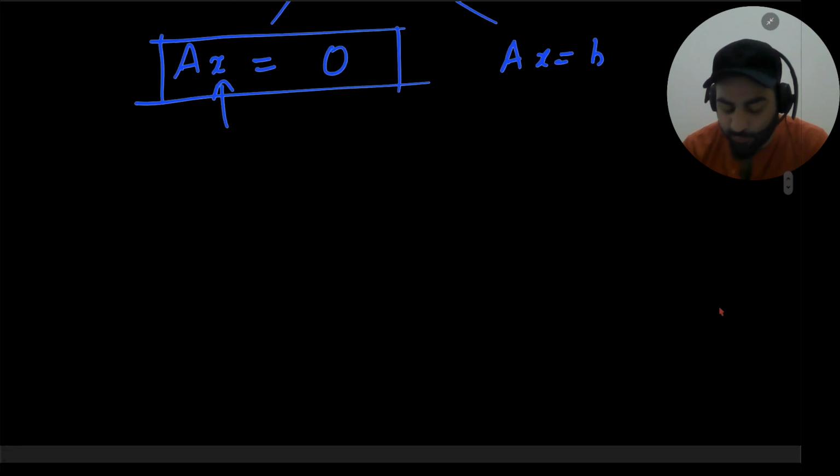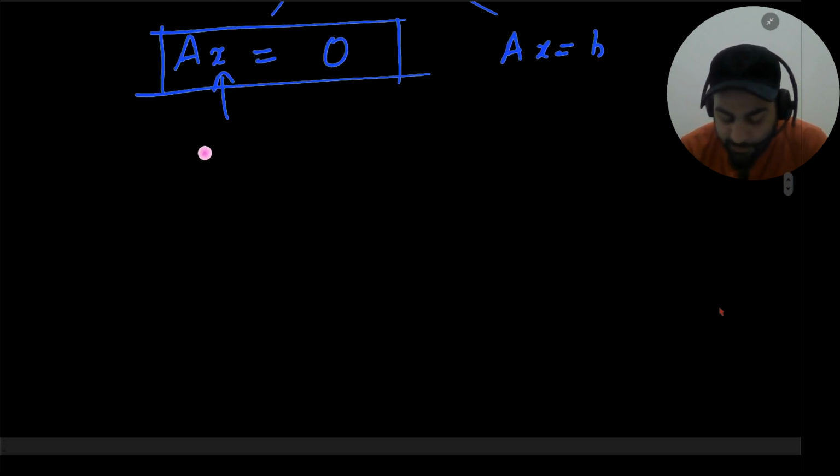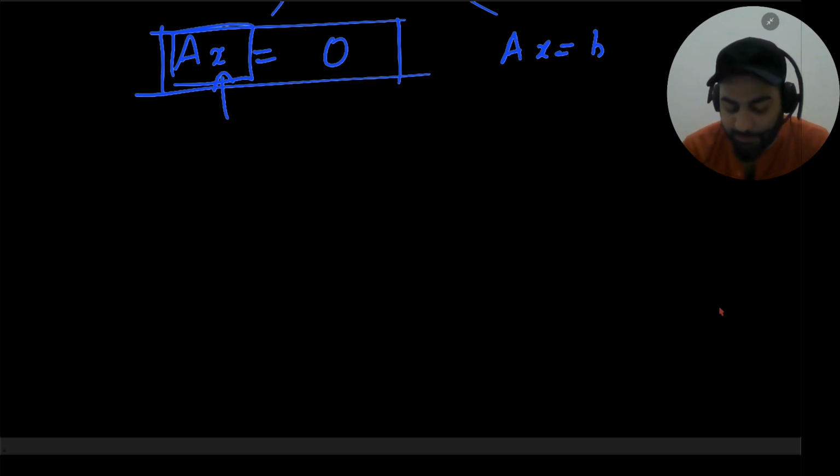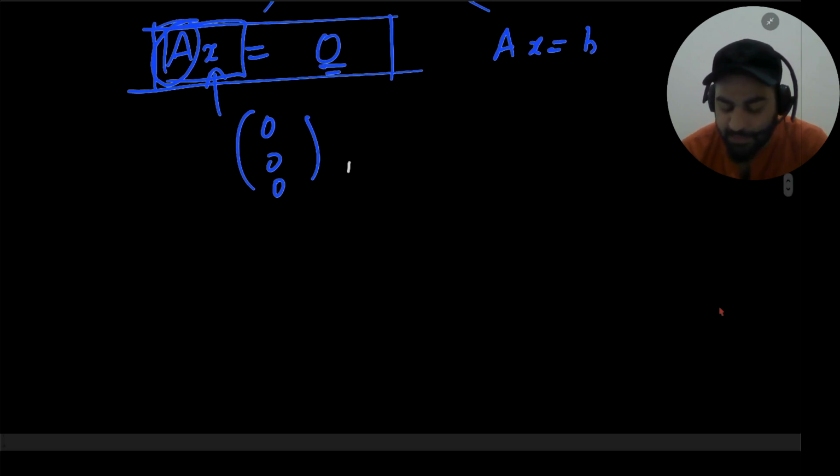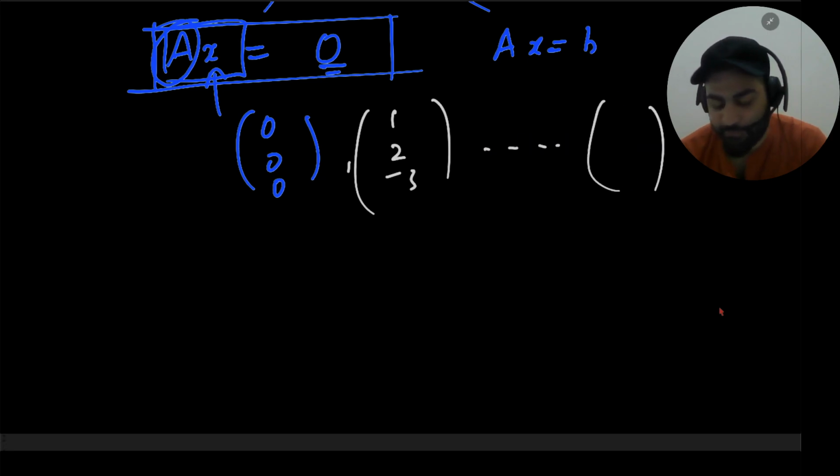That's what I wanted to do. All the numbers which satisfy this equation can be, for example, 0, 0, 0, which is a simple solution, because when we multiply it with A, it will give 0. That's one of the vectors. Some other vectors can be there, like 1, 2, minus 3, and some other vectors. So this is a set of vectors.